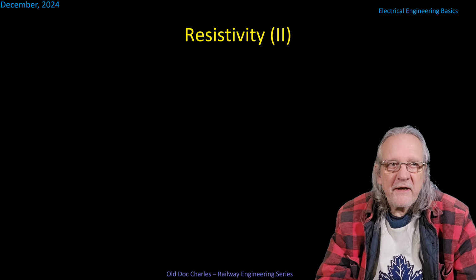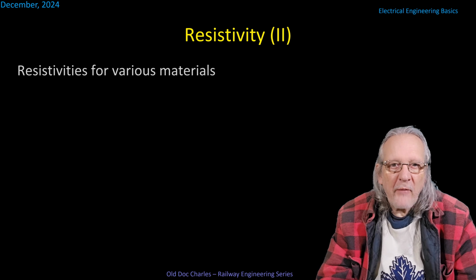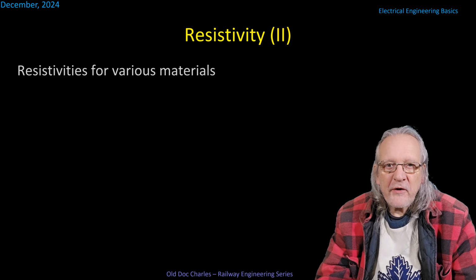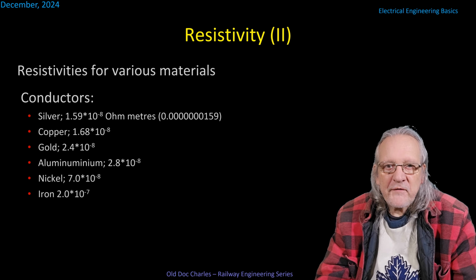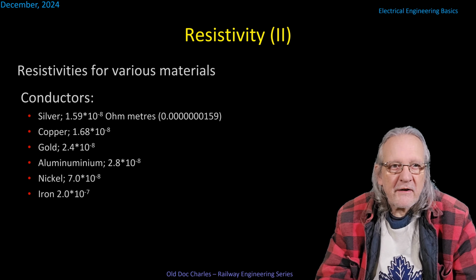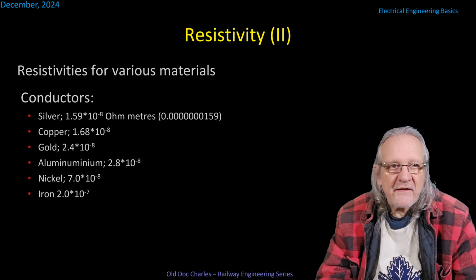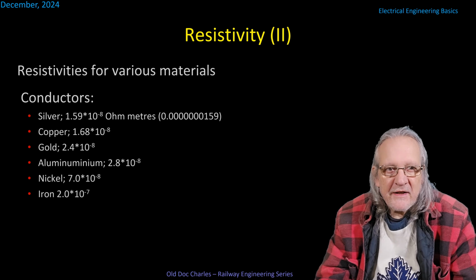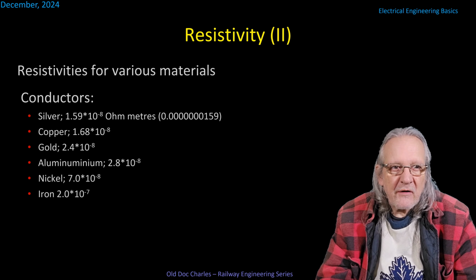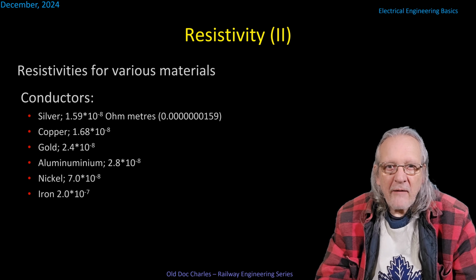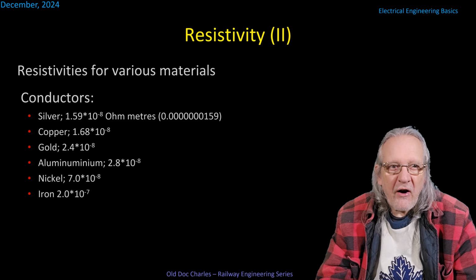The resistivity for some common materials: for conductors, silver is the best conductor. It has a resistivity of 1.59 times 10 to the minus 8 ohm meters, which is not very much. The second best conductor is copper.